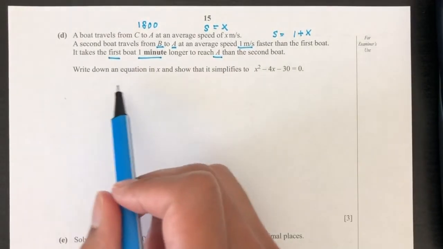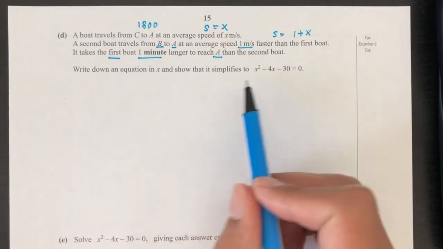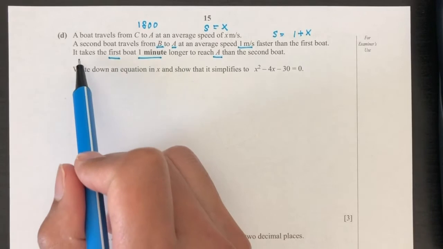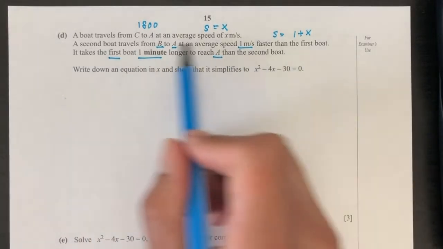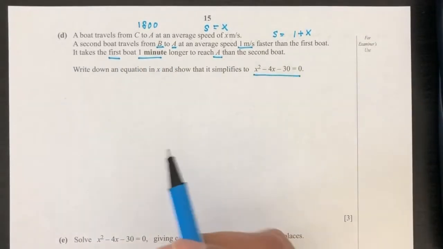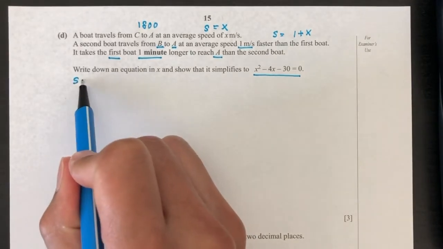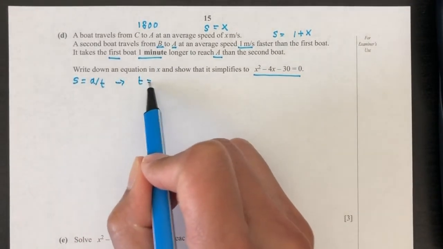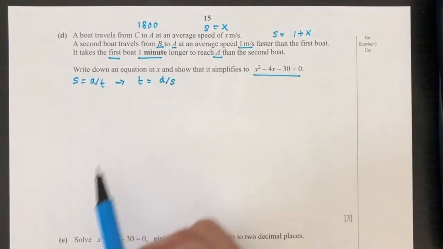Okay, so write down an equation in terms of x and show that it simplifies to this. So we have to use this information here to find this equation. So as you can see, as you know, speed is distance divided by time. So time will be distance divided by speed.